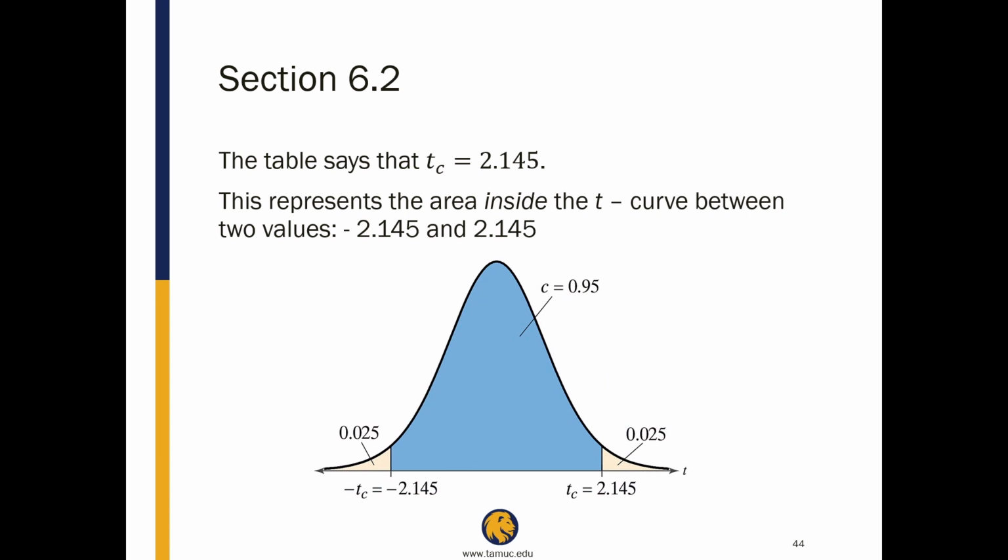So it looks like a normal distribution curve, but it's not exactly, so that's why we're using the t-distribution. So between negative 2.145 and positive 2.145, 0.95 is the area, and that's also called the confidence level. Also, we use the lowercase c to denote our 0.95 as well.